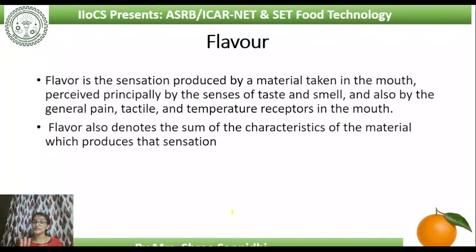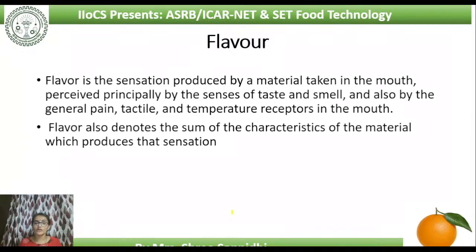Basically flavor is nothing but a combination of taste and smell. Whatever we smell and taste, that combinedly will give you the flavor. Along with that, flavor is also influenced by the pain or the tactile and temperature receptors.